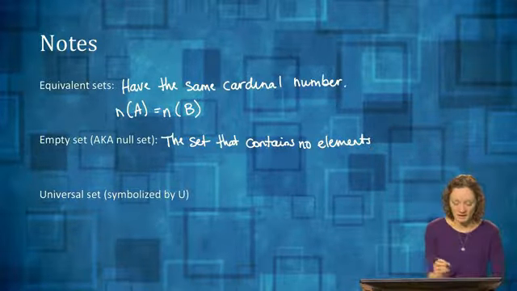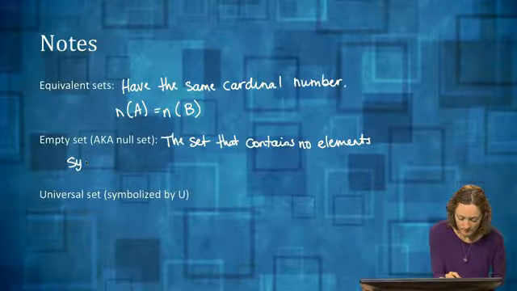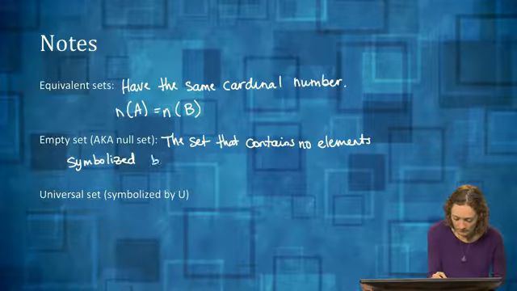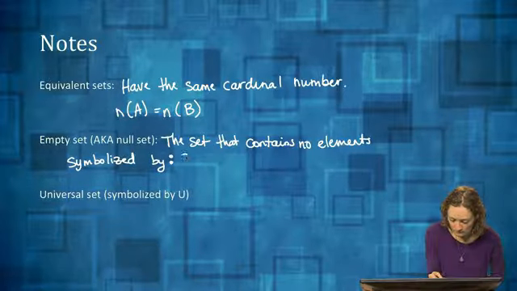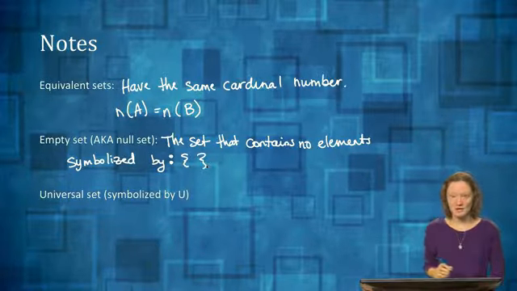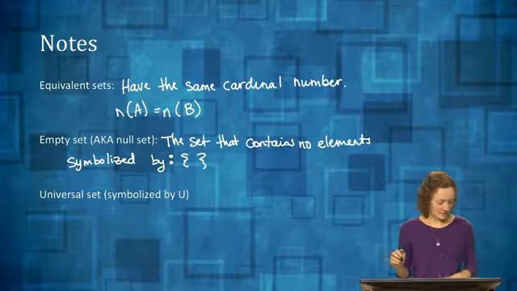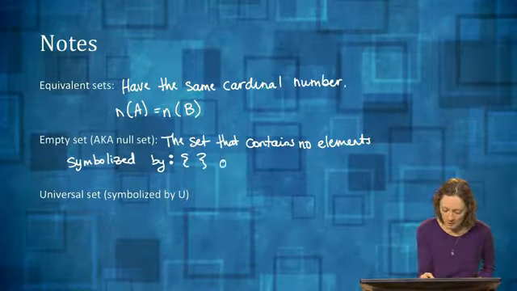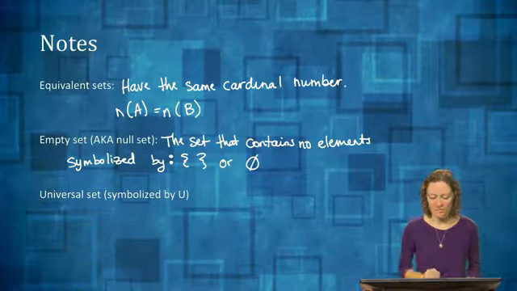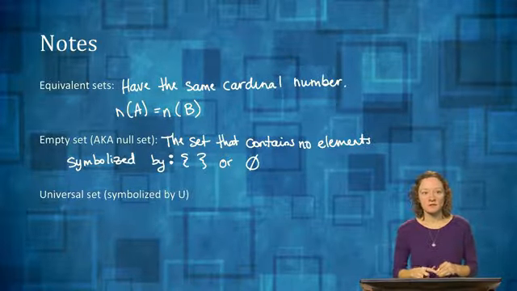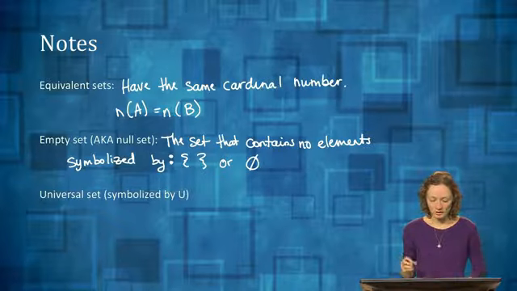It can be symbolized a couple different ways: the curly braces with nothing in the middle, or a circle with a slash. So either of those two things would work.